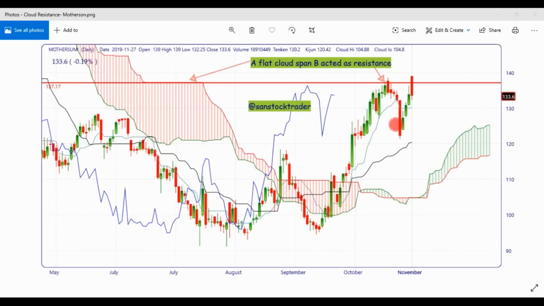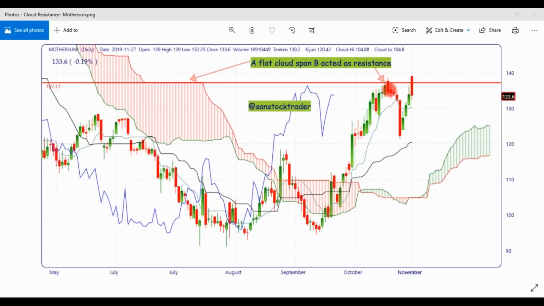And second thing, one can also see that here price was very much above the Kijun-sen. There is one more beauty of the Kijun-sen that I forgot to mention previously. When price is too far from the Kijun, it is considered overbought.